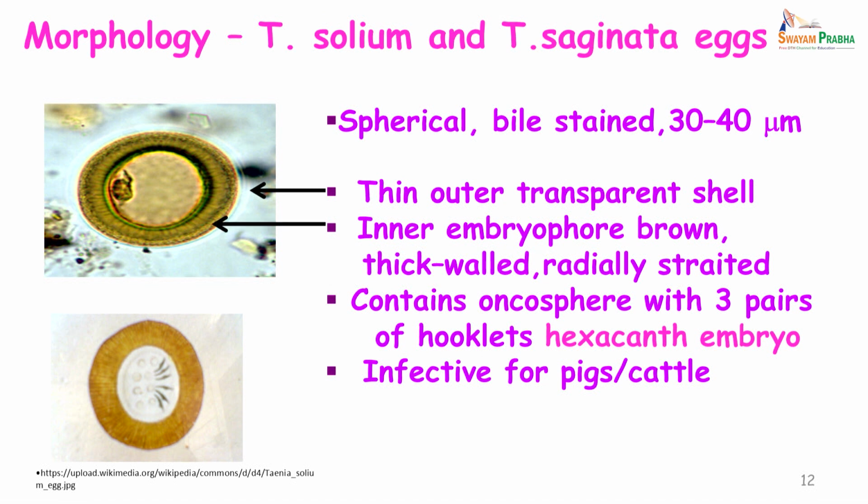An inner embryophore which is brown, thick walled and radially striated, and it contains an oncosphere with 3 pairs of hooklets, and therefore is referred to as a hexacanth embryo. This is infective for pigs in the case of Taenia solium, cattle in the case of Taenia saginata, and again man in the case of Taenia solium.